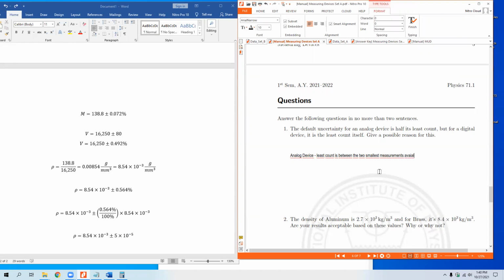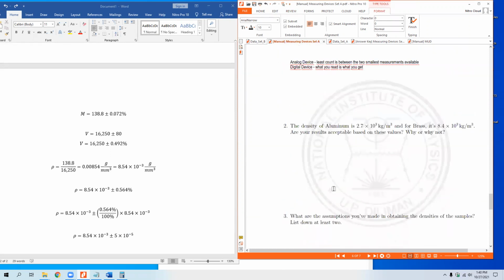For example, on our ruler, between two lines, and actually the same with our calipers. However, with a digital device, there is none. What you read is what you get. That's why you won't see any other least count for it.